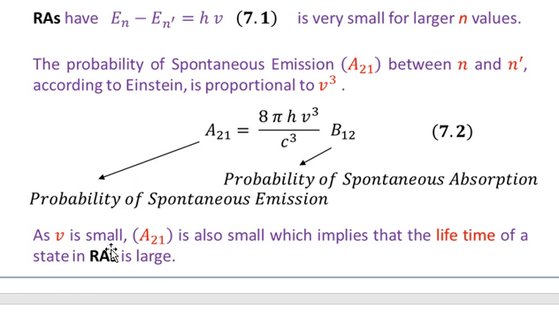As nu is small, A21 is also small, and this implies that the lifetime of the state in Rydberg atoms is large. So from here we can indirectly follow that since A21 is a small quantity, the lifetime of the spontaneously emitted state is very large for the Rydberg atoms.